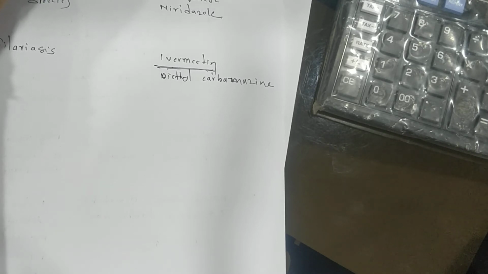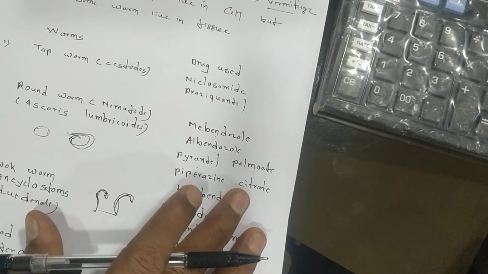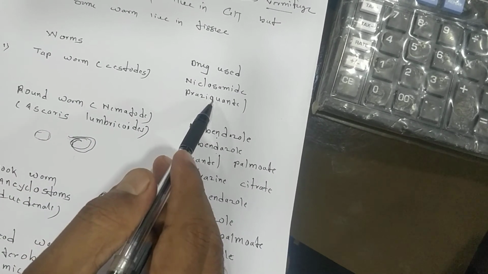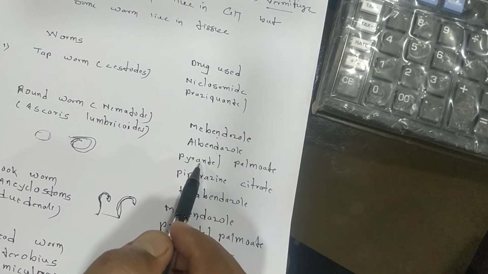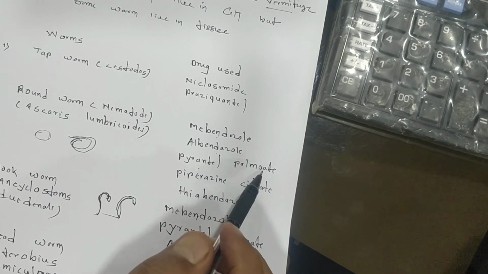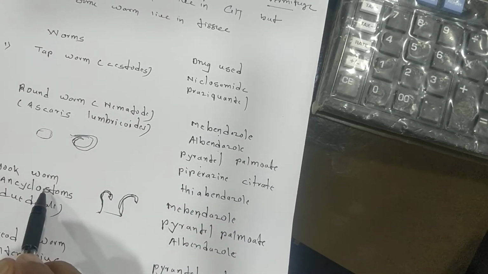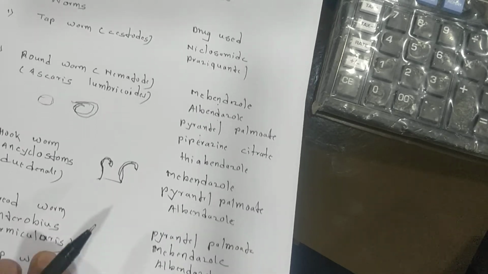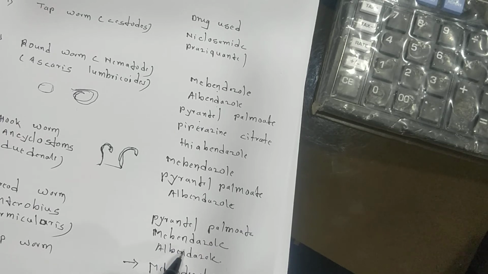Mebendazole. Now these are the worms, see again. Tapeworms use niclosamide, praziquantel. Roundworm: mebendazole, albendazole, pyrantel pamoate, piperazine citrate, thiabendazole. Hookworms: mebendazole, pyrantel pamoate, albendazole. Threadworm: pyrantel pamoate, mebendazole, albendazole.